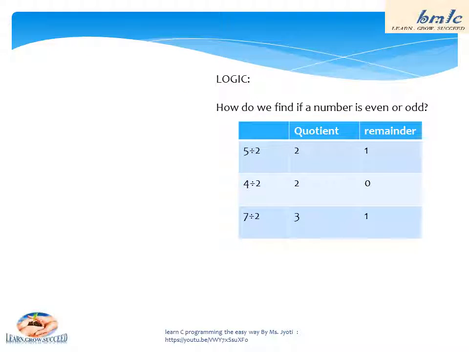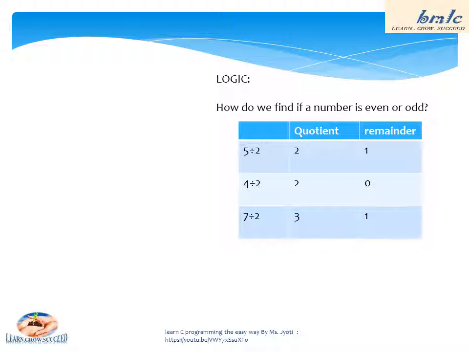Say 5 divided by 2: the quotient that you get is 2 and the remainder that you get is 1. Similarly for 4, the quotient is 2 and the remainder is 0. For 7, the quotient is 3 and the remainder is 1. So the decision whether the given number is even or odd depends upon the remainder, not on the quotient.